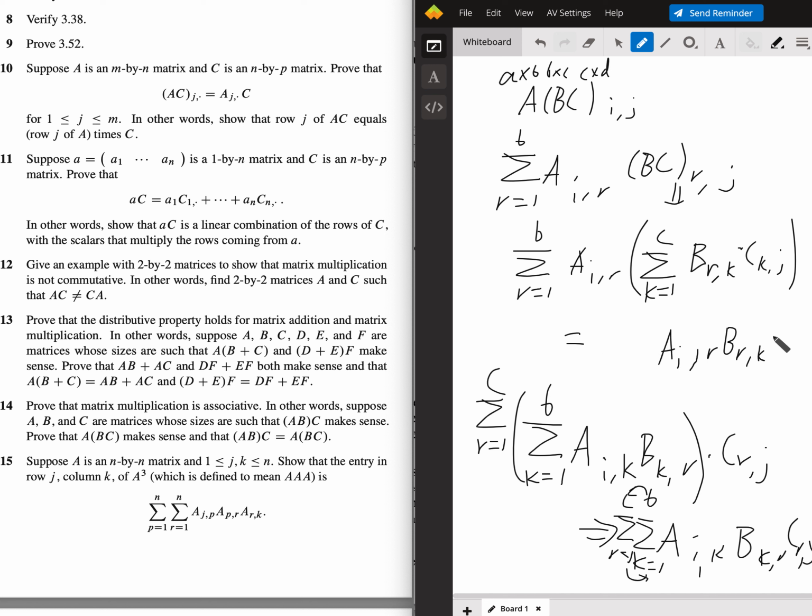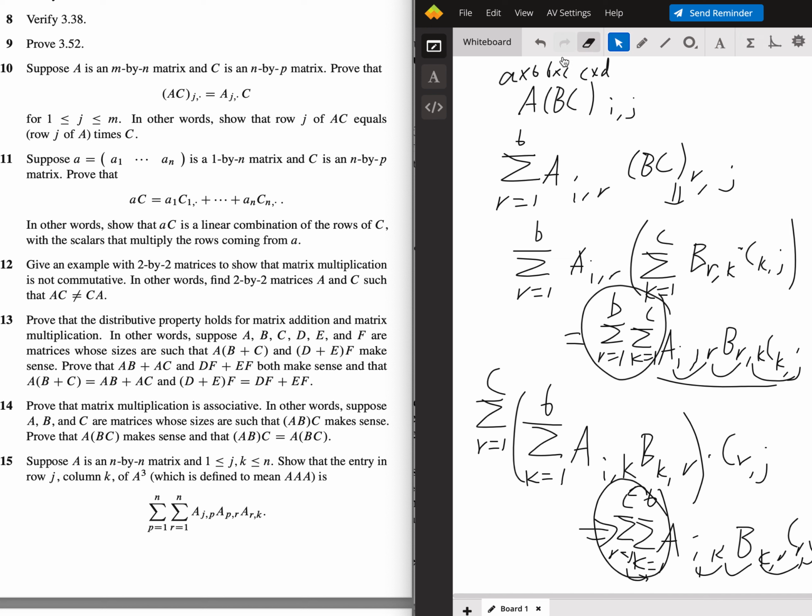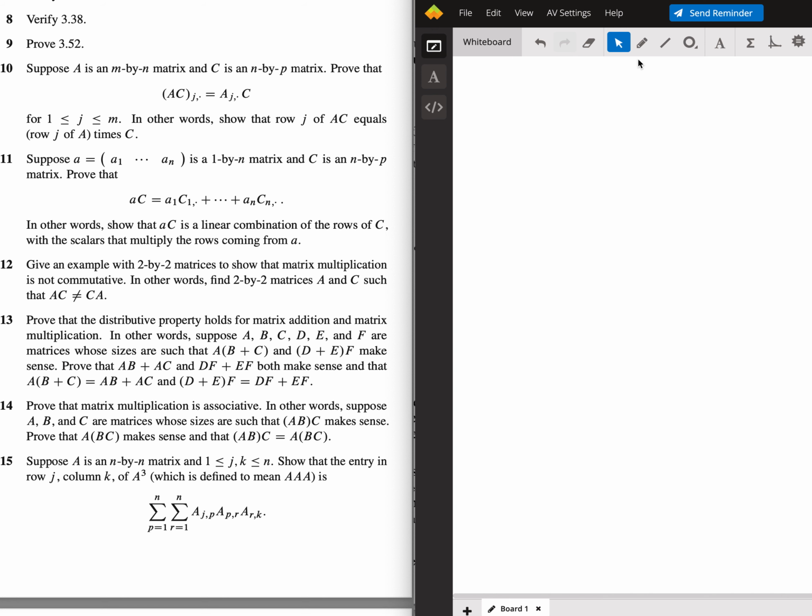I think the only difference is I use different variables, but the summands look exactly the same, and so does the structure. I to r, r to k, k to j. This is from i to k, k to r, r to j. And k and r are iterating between 1 and b and 1 and c. These are in fact the same. Yeah, there's nothing much to it.